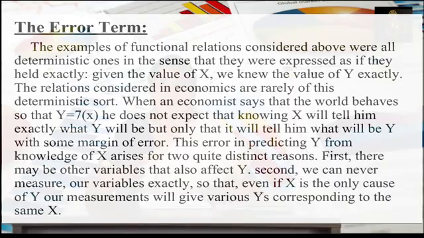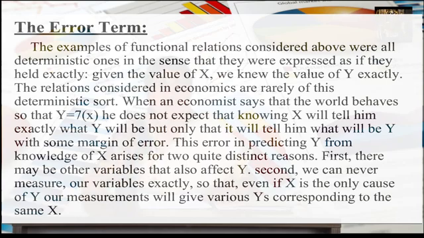Take for example, when an economist says that the world behaves so that y = 7x, he does not expect that knowing x will tell him exactly what y will be, but only that it will tell him what y will be with some margin of error.